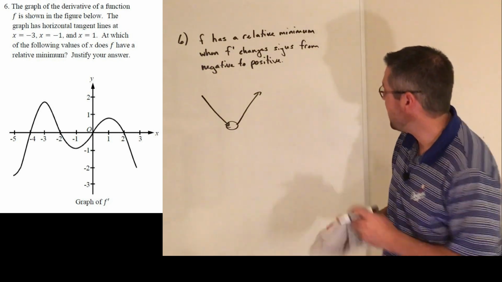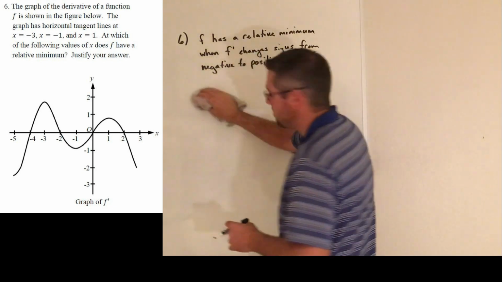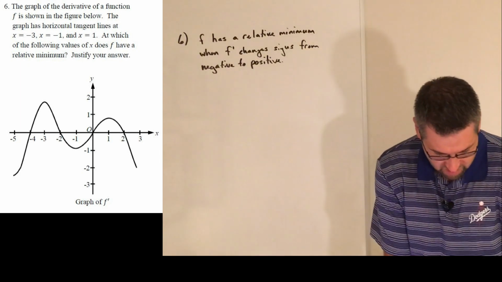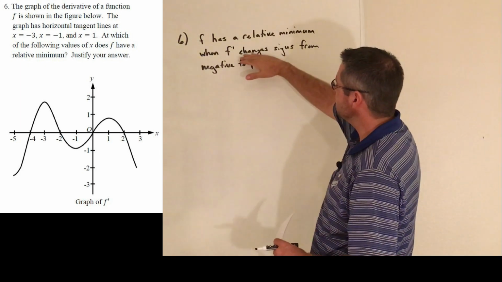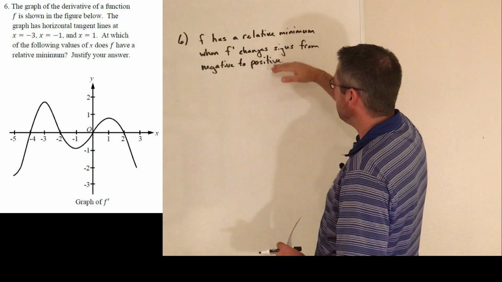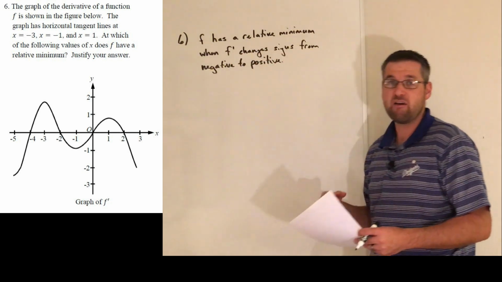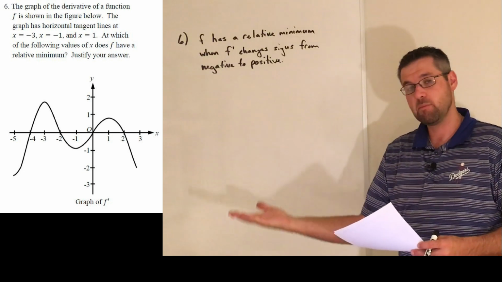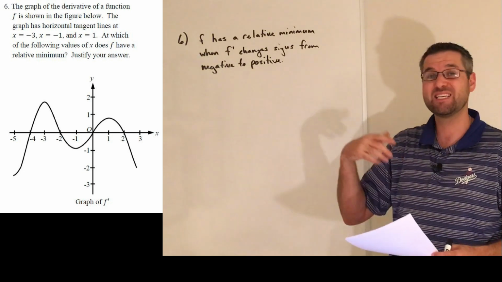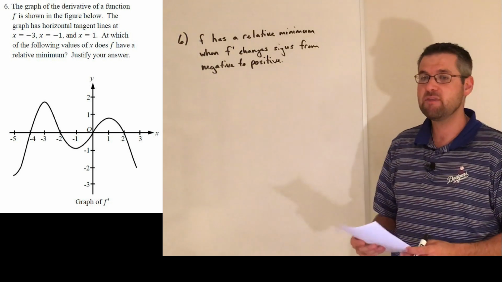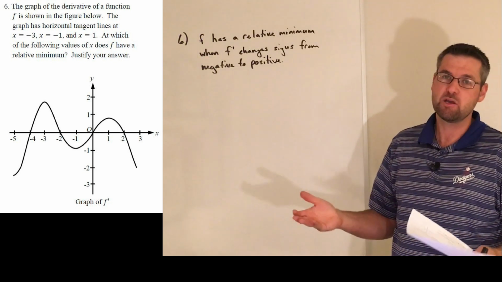So we can see that pretty easily in the graph because we were given the graph of f prime. So if we're given the graph of f prime, we can see that f prime changes signs from negative to positive whenever f prime changes from being below the x-axis to being above the x-axis. Again, because this is f prime. If this was f, we would just be looking for low points.